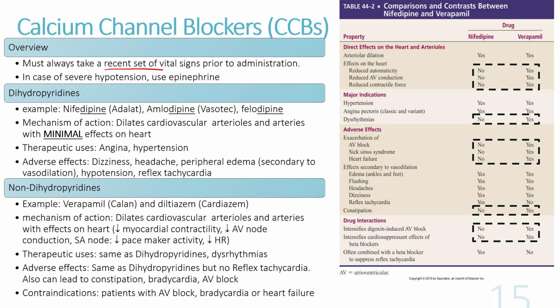There are two classes of calcium channel blockers. So you've got dihydropyridines, and then you've got those drugs that are not in the dihydropyridine category, so they're called non-dihydropyridine. So you've got nifedipine, and you've got verapamil, which is the drug of choice in each of the categories, right? So over here you've got a contrast between nifedipine and verapamil.